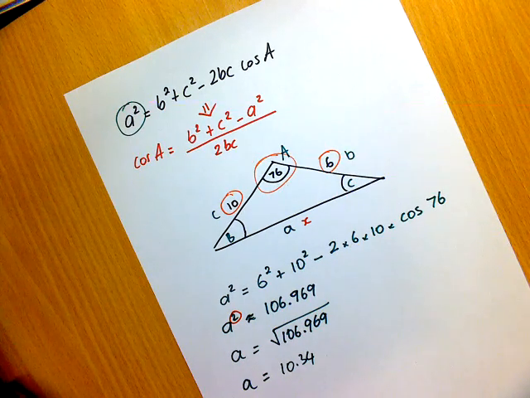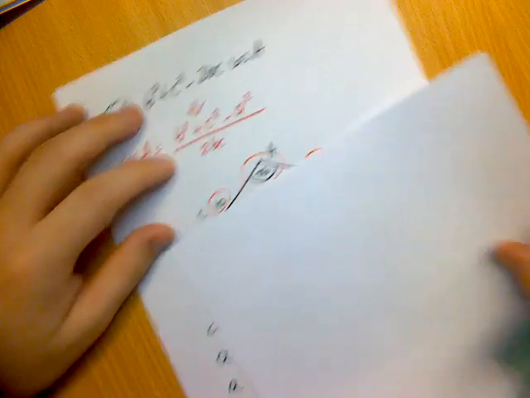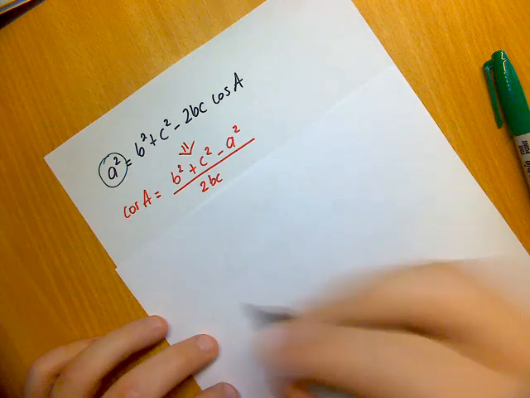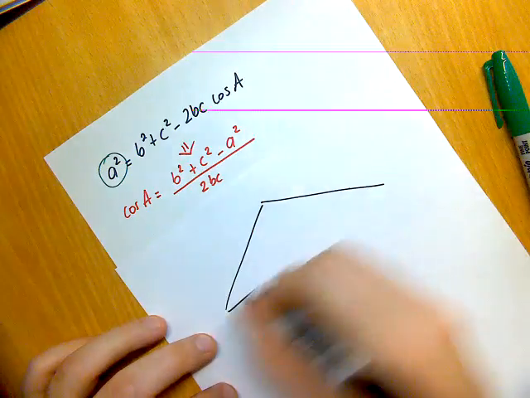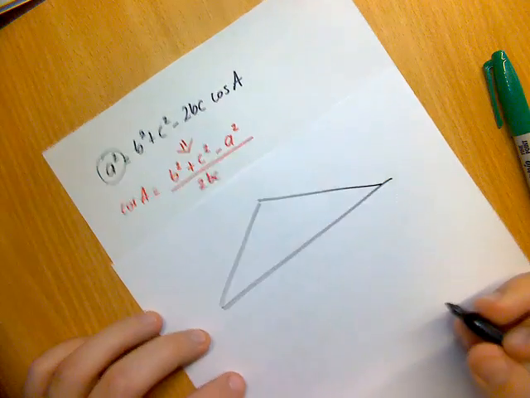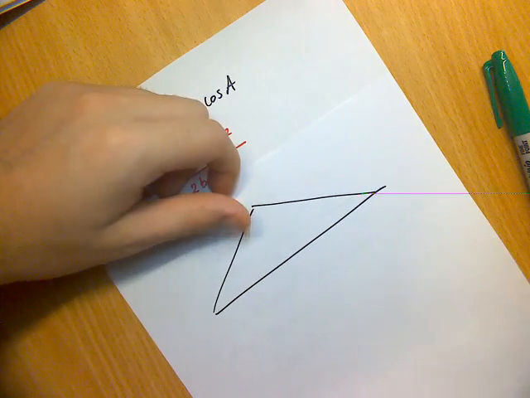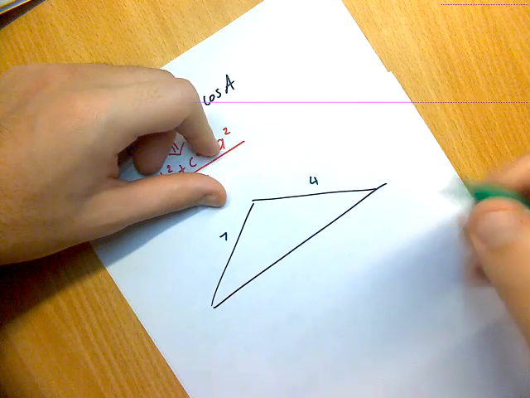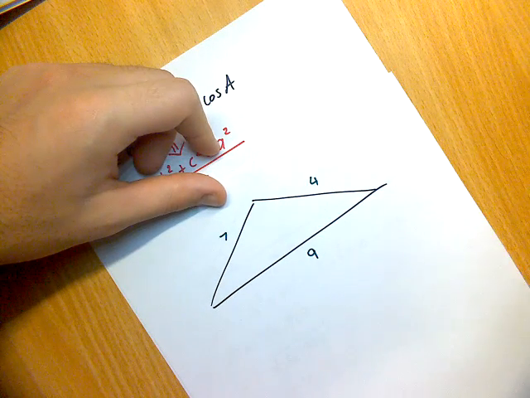It's a pretty similar process when you want to find an angle. So let's draw a new little triangle here. There's my triangle. Let's say I had the sides of 4, 7, and 9.